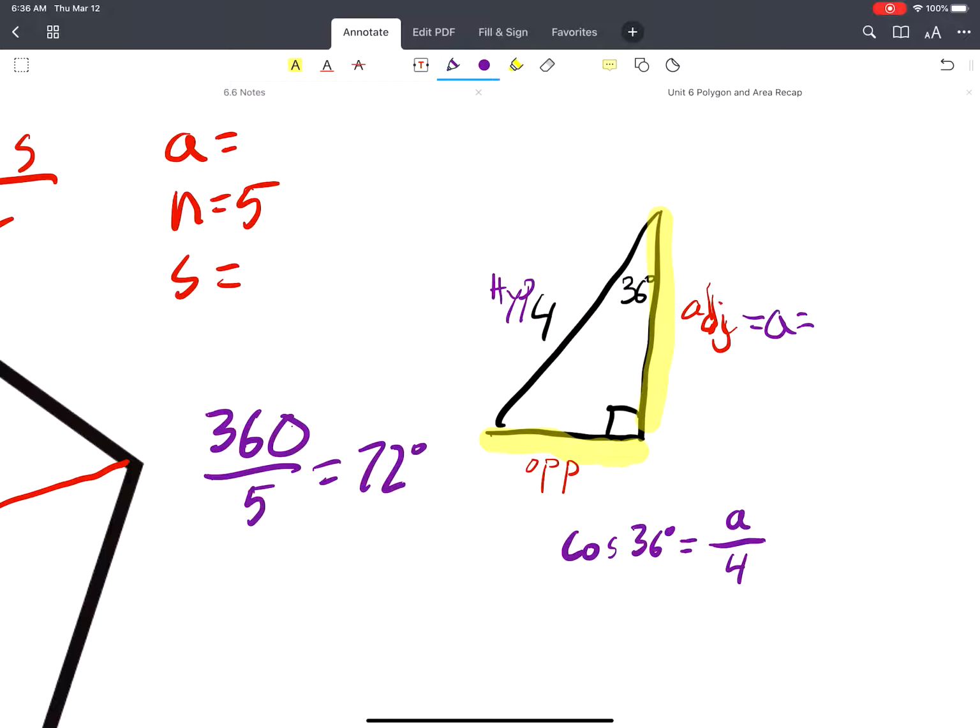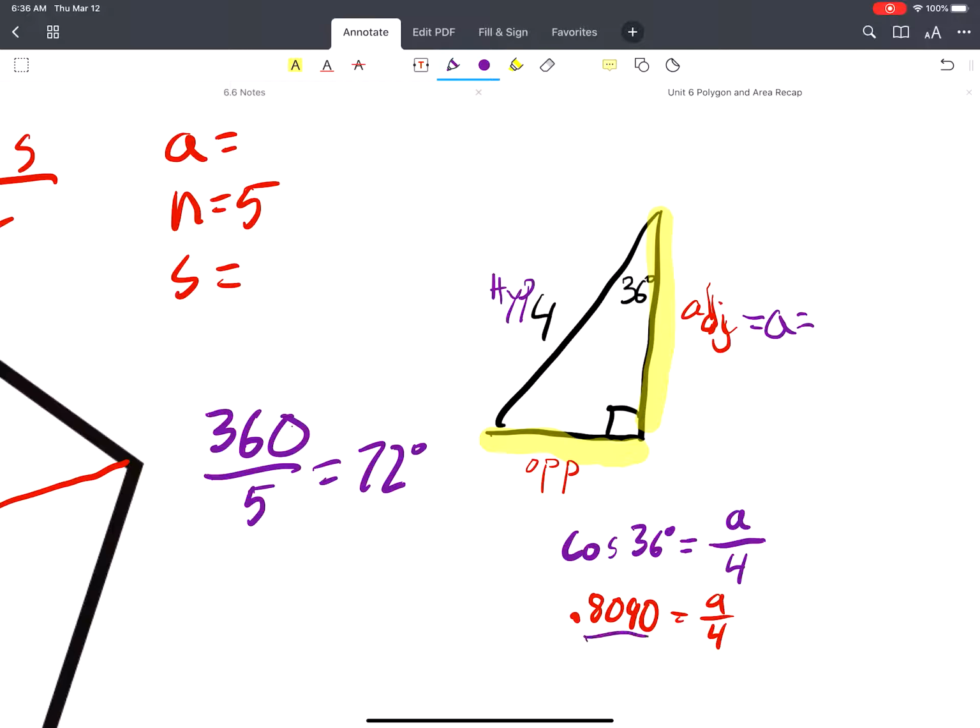Now the first step is just plugging it in. Now we're going to do our decimal step. We're going to turn cosine of 36 into its decimal form. If you use your calculator in degree mode, cosine of 36 is, I'm going to go 4 decimal places, 0.8090 equals our A over 4.